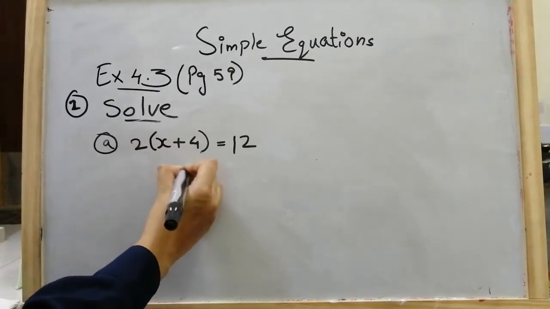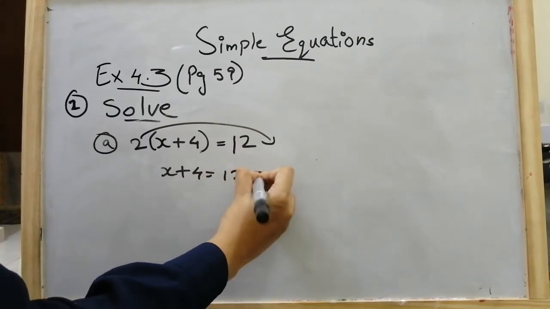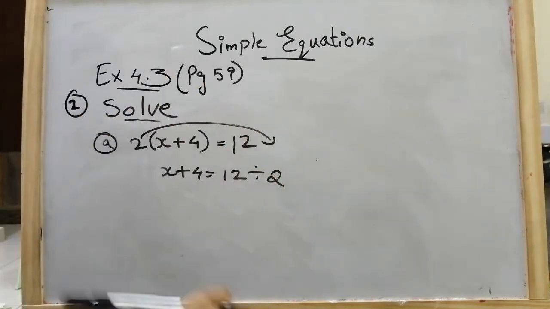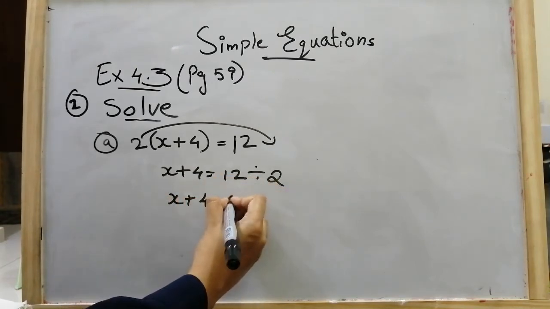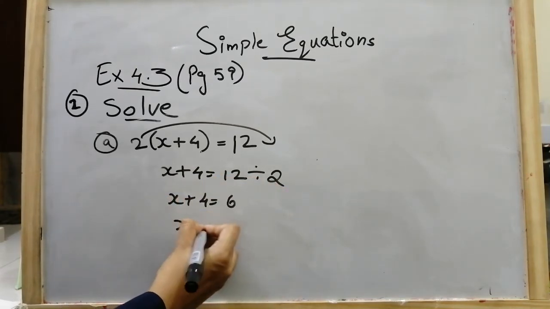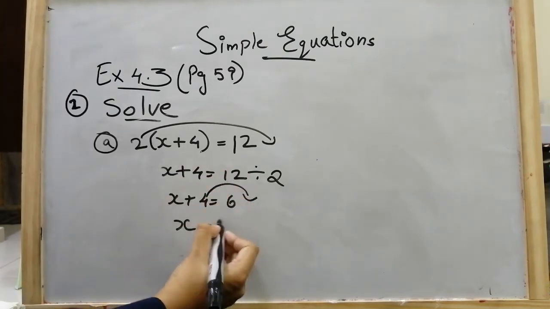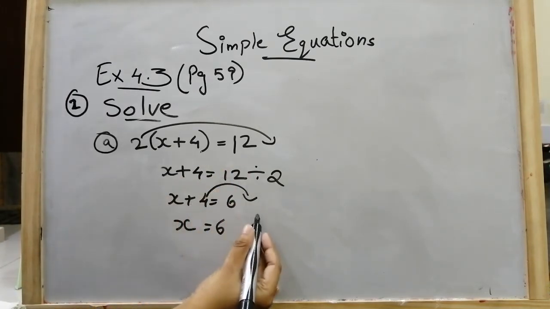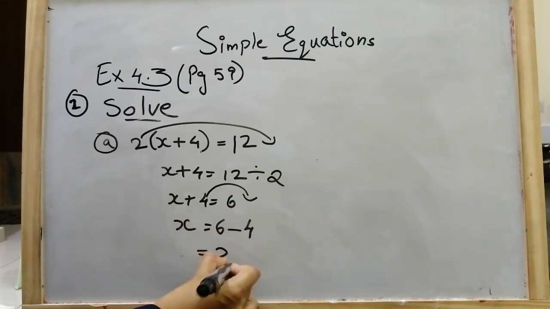So x plus 4 is equal to 12 divided by 2, we know it is 6. X is equal to, now 4 will go to the right side and plus becomes minus, 6 minus 4. So 2 is the value for the variable x.